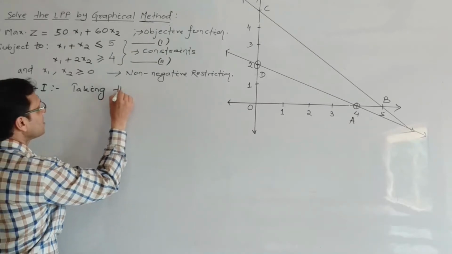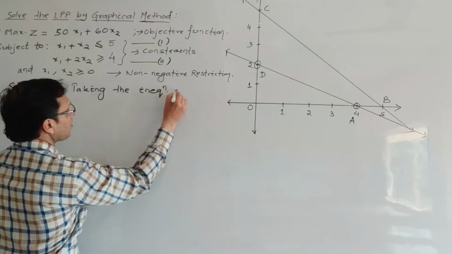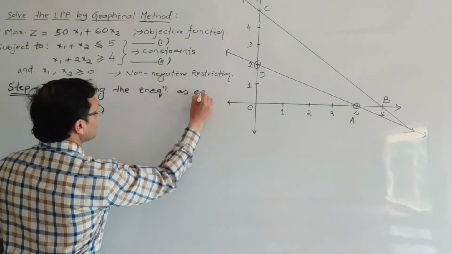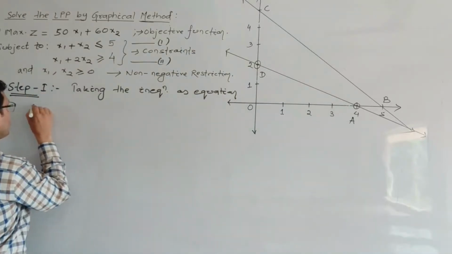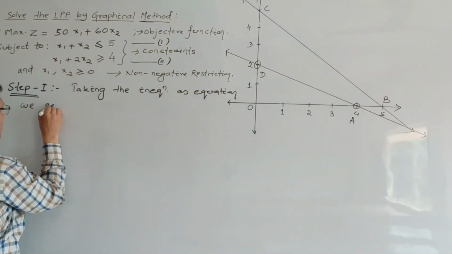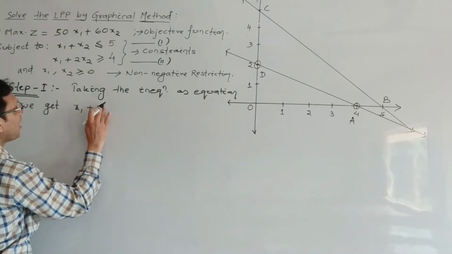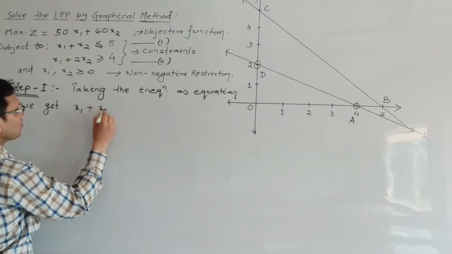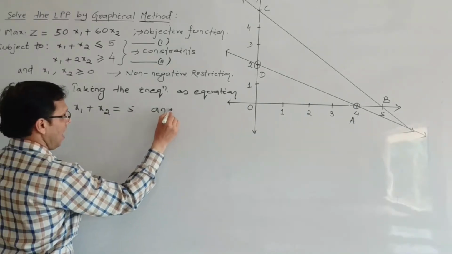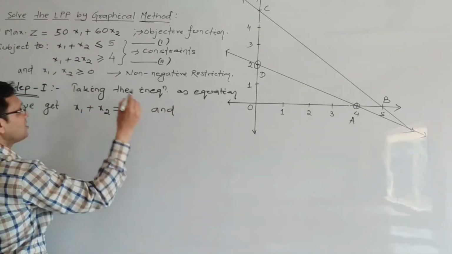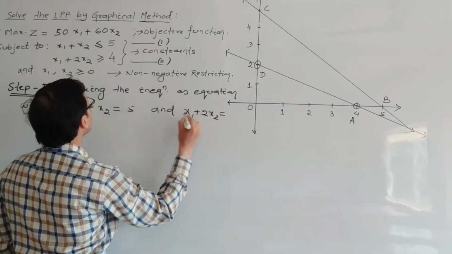Taking the inequations as equations, we get x1 plus x2 is equal to 5 and x1 plus 2x2 is equal to 4.